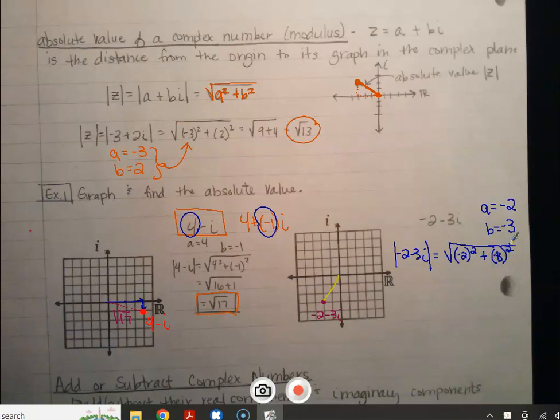Let's do the math on that. -2 squared is 4, plus what's -3 squared? Excellent, it is 9. So the square root of 4 plus 9 is the square root of 13.